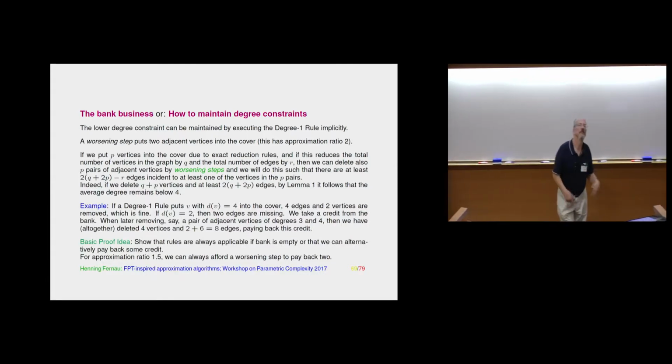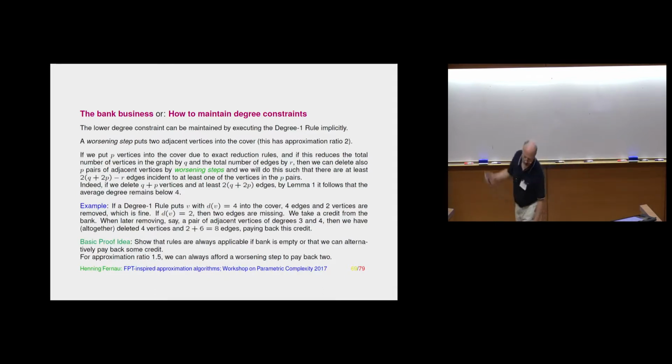And there we introduced this notion of a worsening step, which has other names in other papers. If you look at papers from other people, there are different names for that.